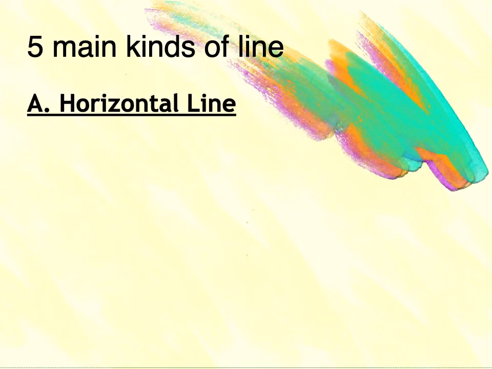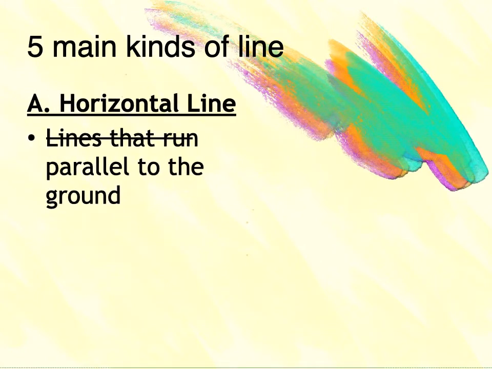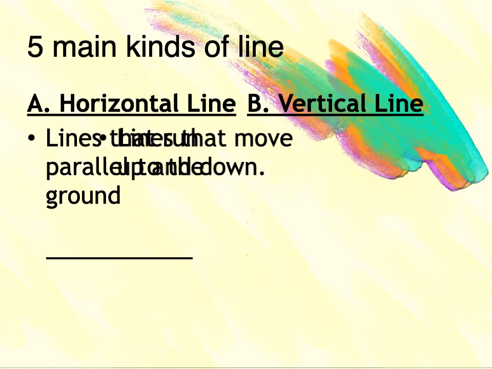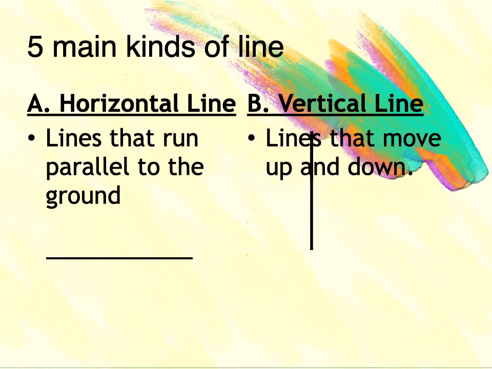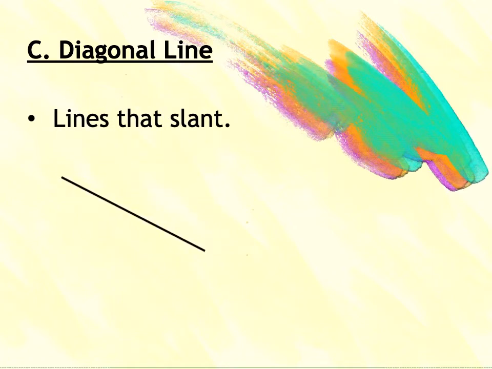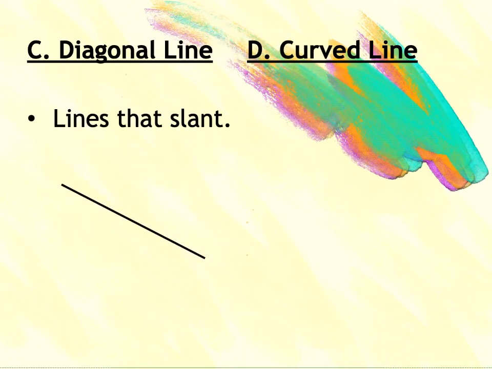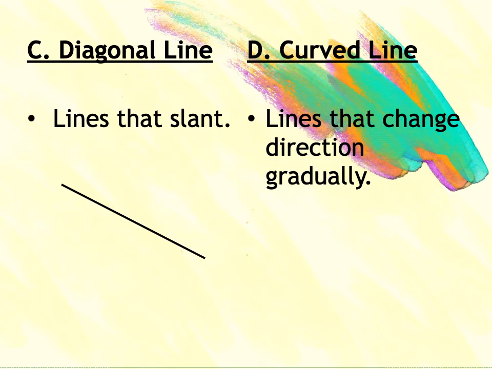There's horizontal, lines that run parallel to the ground. There is vertical, lines that move up and down. There are diagonal, lines that slant. And there are curved, lines that change direction gradually.